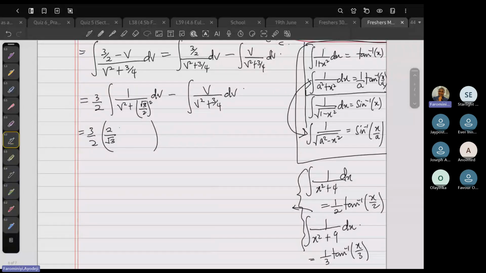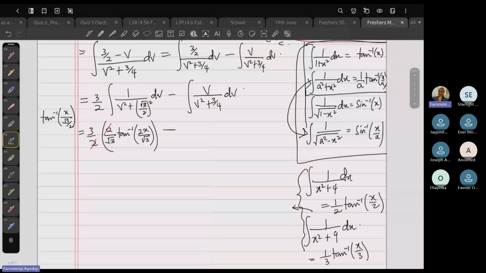Then times tan inverse of x over root 3 over 2. Right? Yes, sir. Good. So 2 can cancel 2, so we have 3 over root 3 there.